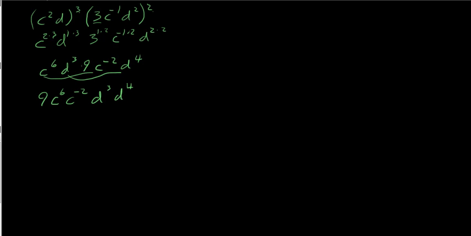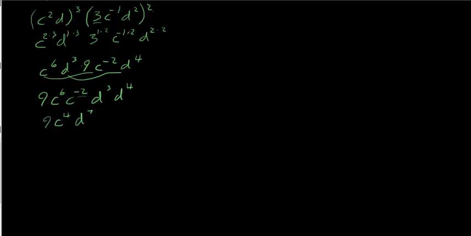So that's true even when we have this negative exponent like this negative 2 here. So we're going to have 6, and it's going to be minus 2. So we're going to have 9 c to the fourth, and then for the d's we have 3 plus 4. We're going to get d to the seventh. Alright, so that's our final answer on that one.